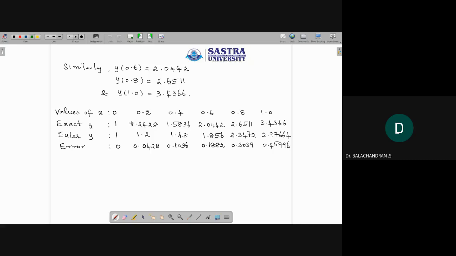Exact values. Just now we found exact values. Using Euler method, we got the values. So what is the error? Error means you should find a difference. 1.2428 minus 1.2, 1.5836 minus 1.48. Similarly, you should subtract exact minus Euler. Okay. So this is the error in the solution.